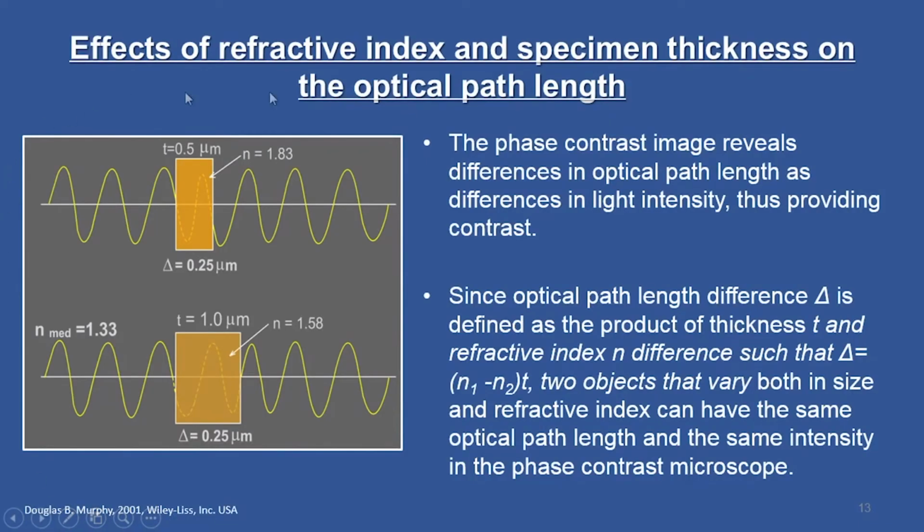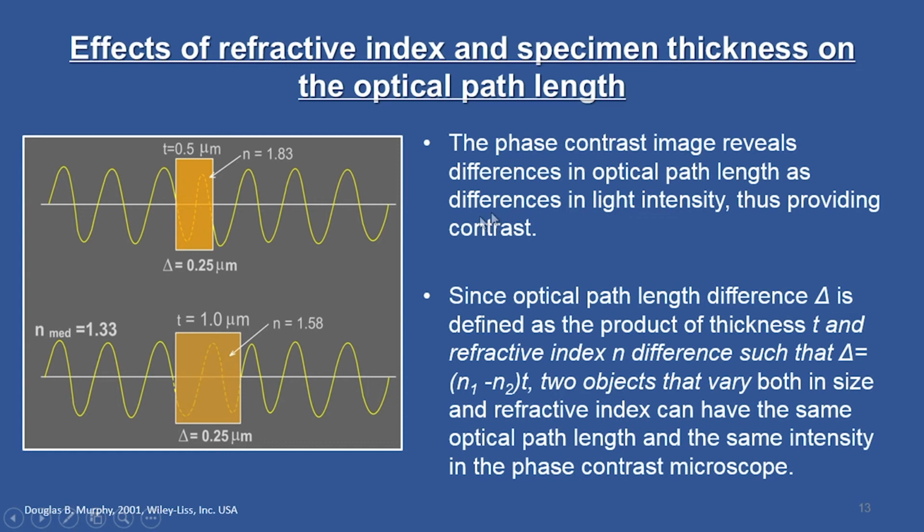The schematic shown here is an object with different thickness and different refractive index. The phase contrast image reveals the differences in the optical path length as differences in the light intensity, thus providing a contrast.